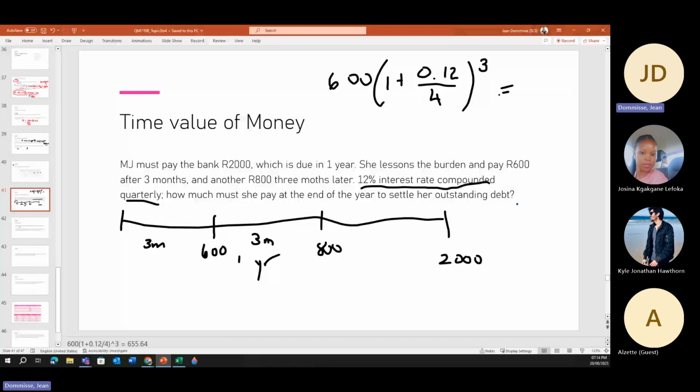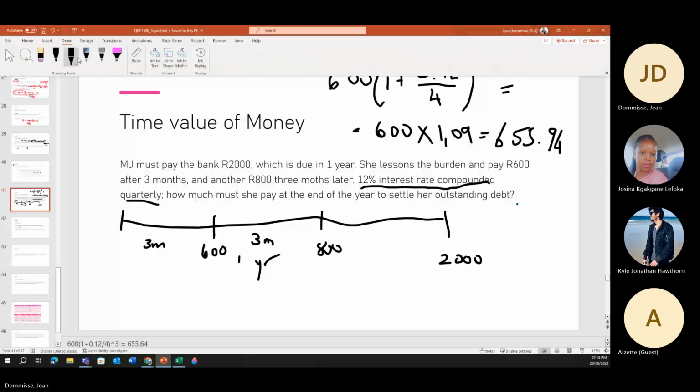If we add 1 to that, it's 1.03. So 1.03 to the power of 3 gives us 1.09. So 600 times a rounded off 1.09 gives us 655.94.